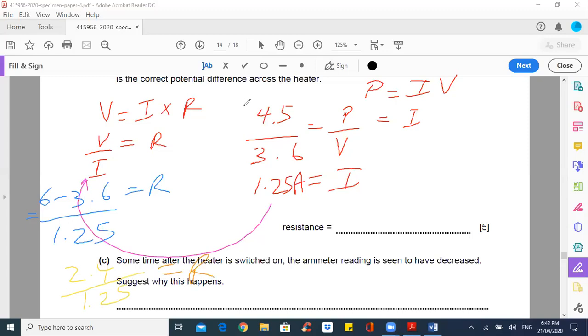How much do I get R to be? 1.92. Good. So your R value is 1.92. Your unit for R is ohms because it is resistance. Good. Everybody understand how we get that so far? That part of the working?